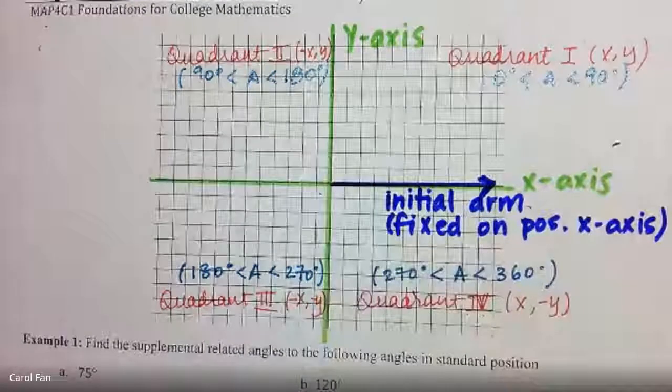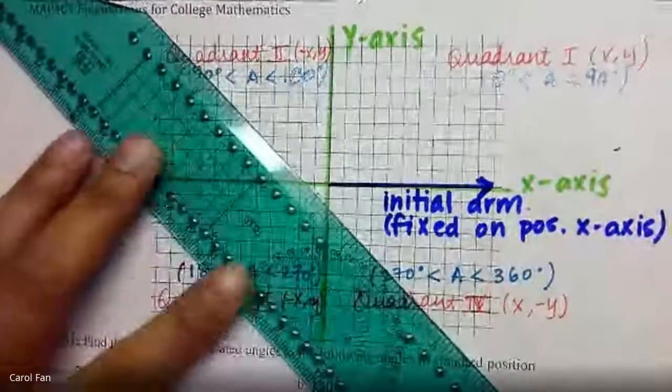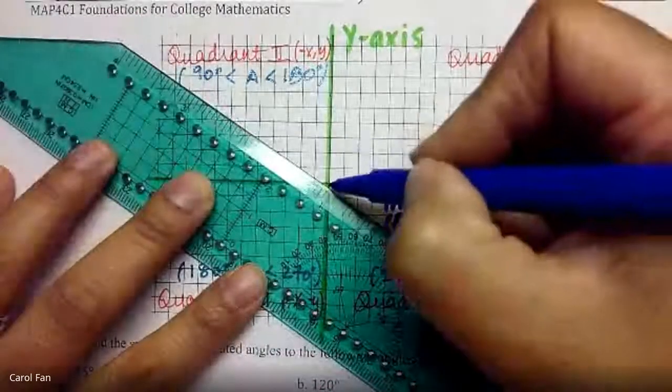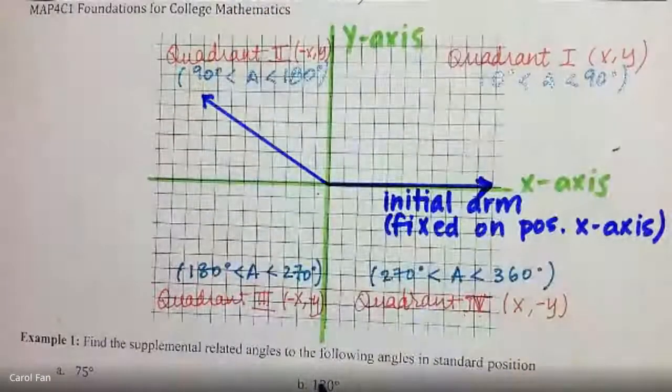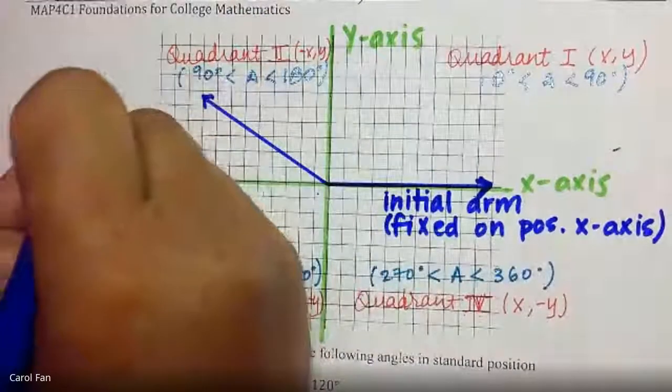And this is going to create an angle with our terminal arm. The terminal arm is the one that moves.